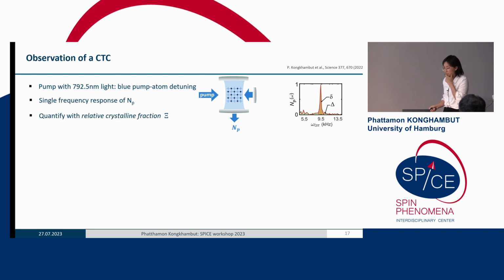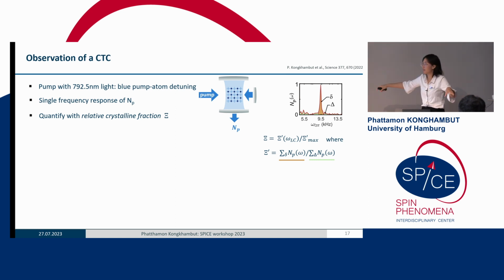Then we have to quantify how much crystal we find. So from this Fourier transform, we quantify a crystalline fraction. The higher the crystalline fraction, the more crystalline you have. This is defined by integrating over the peak around this frequency divided by the power of other frequencies within the range.